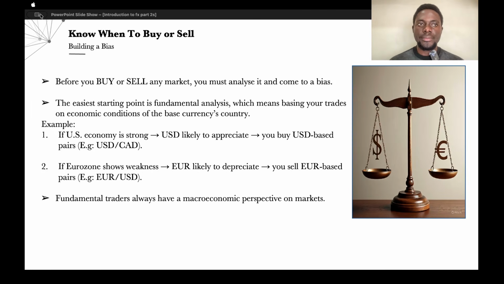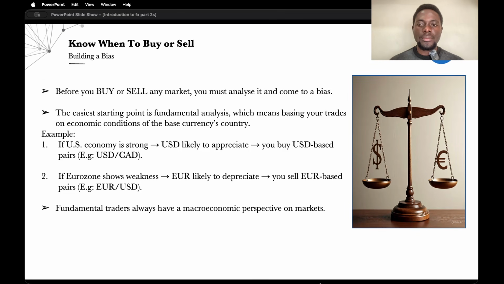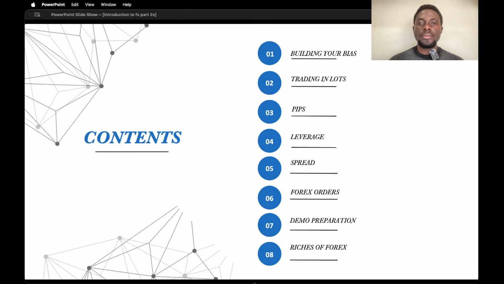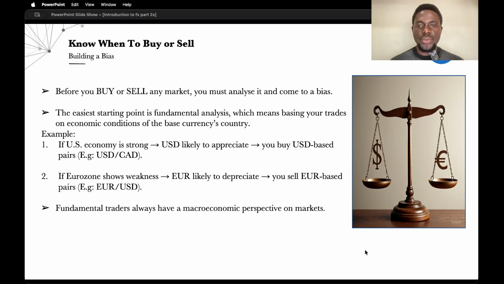Hold on a minute, please. Trying to get the screen back on. Okay. So this was the contents. This was where I was reading from. Let's go straight into it.